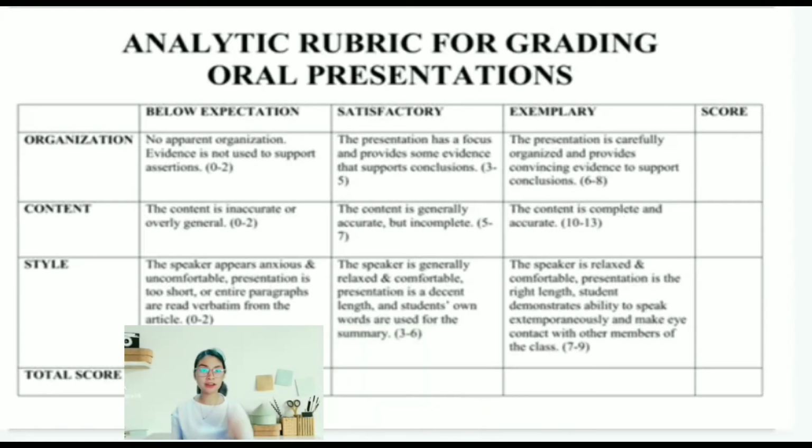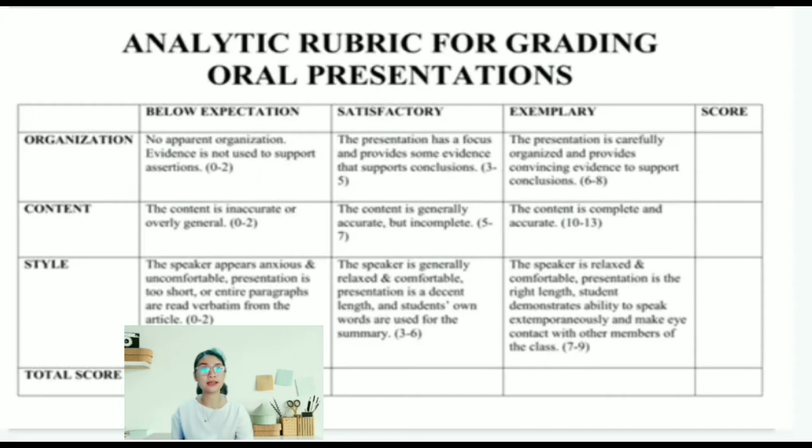For the satisfactory, we have here the presentation has a focus and provides some evidence that supports conclusions, and the score is 3 to 5. The content is generally accurate but incomplete, that would be 5 to 7. And the speaker is generally relaxed and comfortable. The presentation is a decent length and the student's own words are used for the summary. It should be 3 to 6.